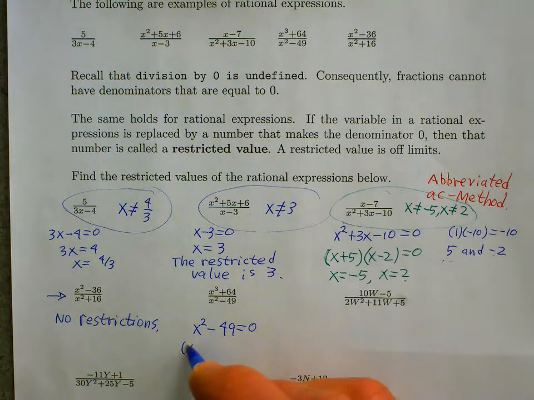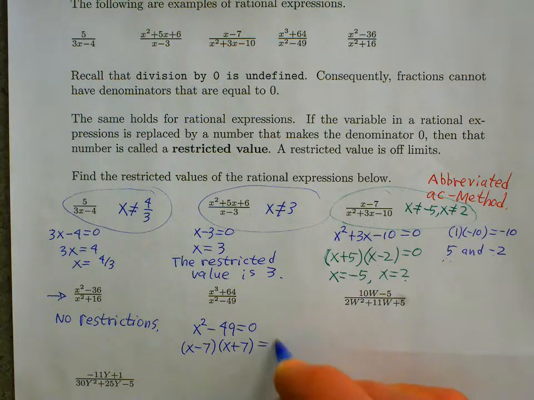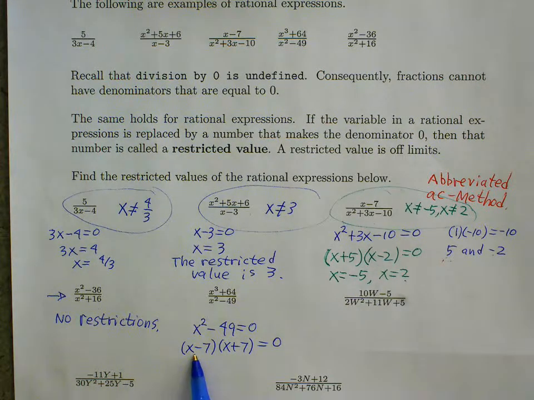One factor is x minus 7. The other factor is x plus 7. And then if x minus 7 times x plus 7 is 0, the two solutions are x equals 7 and x equals negative 7. So this has two restricted values, positive 7 and negative 7.